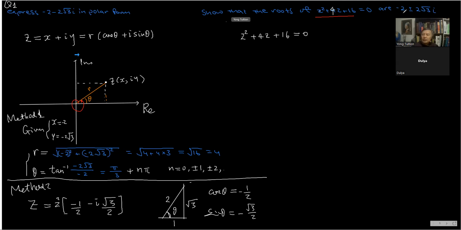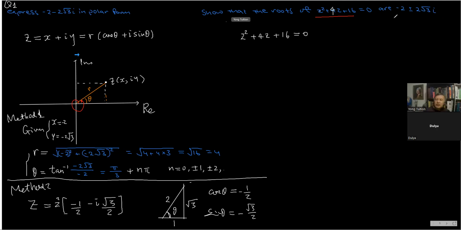That's a quadratic equation. How do we solve that one? The quadratic equation will give you two conjugate solutions. You just use the quadratic formula.